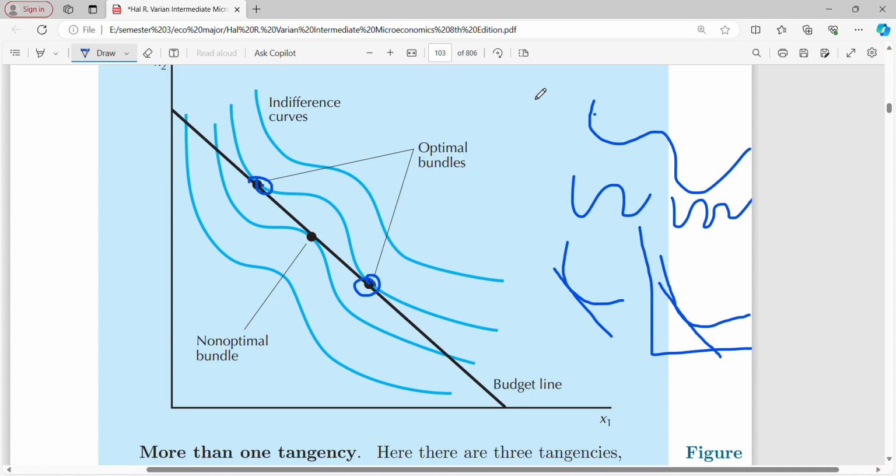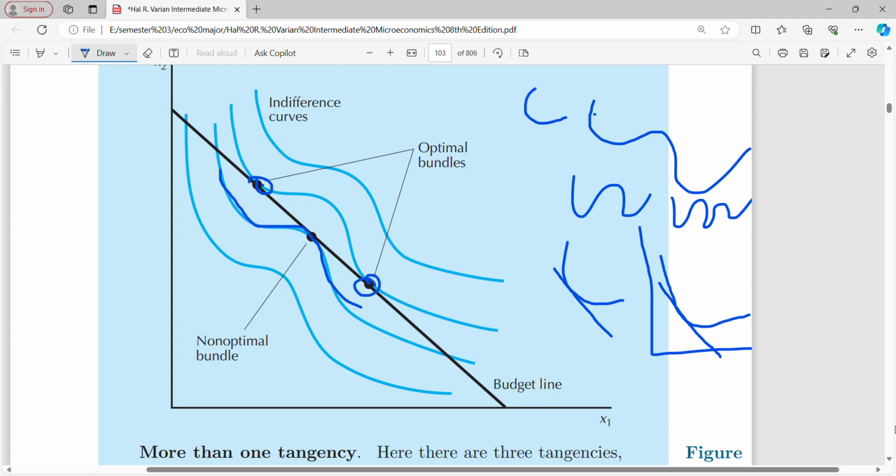So here it was convex at a point of time, right? Then it bent back like this. If it's a convex preference, it won't bend back. So these 2 conditions make it sufficient for convex preferences to only have this tangency. If the IC are strictly convex, they don't have any flat spot, then there will be only one optimal choice on each budget line. Okay.